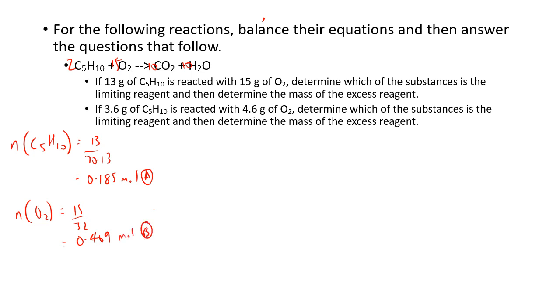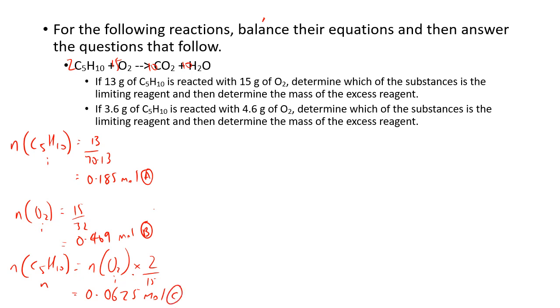Then we can work out the number of moles of C5H10 needed. Remember, these are initial. From the number of moles of O2 initial times the stoichiometric ratio, which happens to be 2 on 15, which will equal 0.0625 mole.